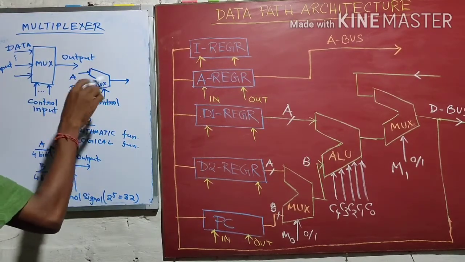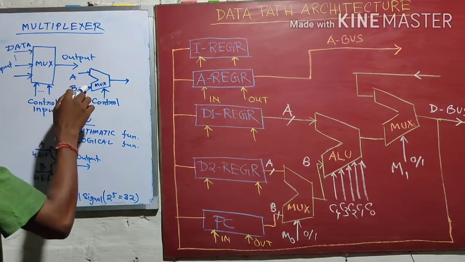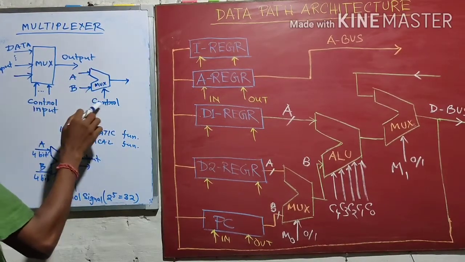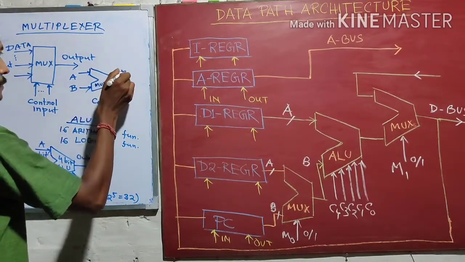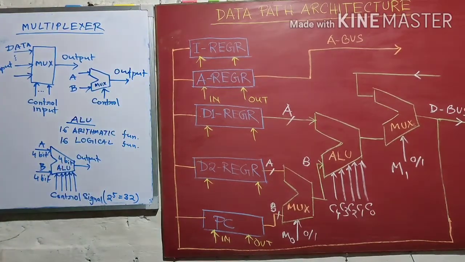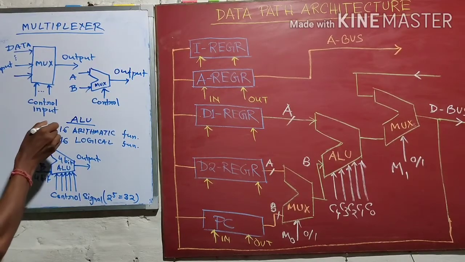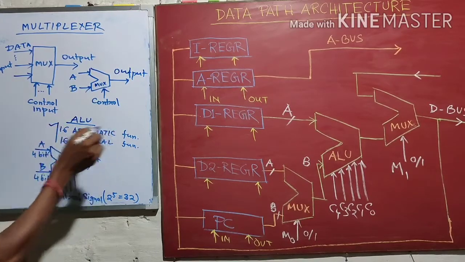The diagram of the multiplexer is drawn like this. Suppose these are two data inputs A and B, then this is the control signal, and this is the output of the multiplexer.